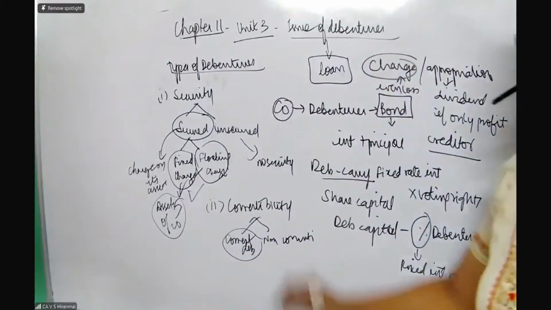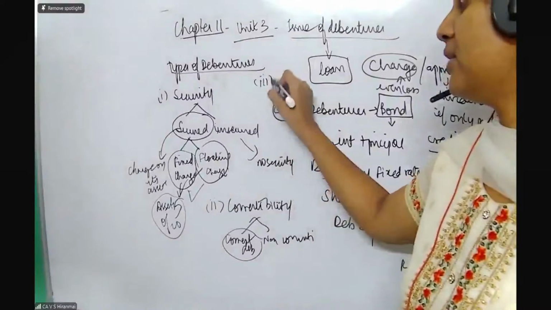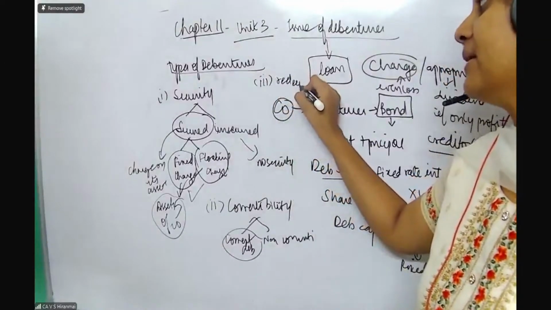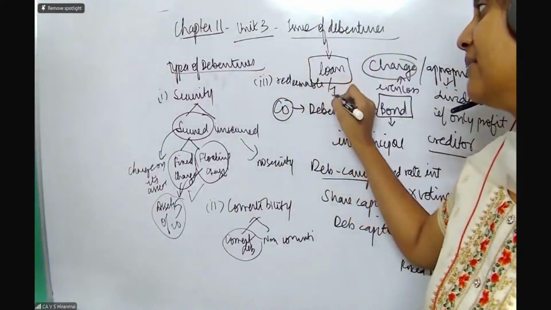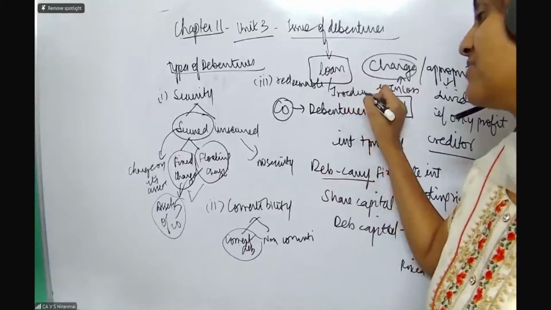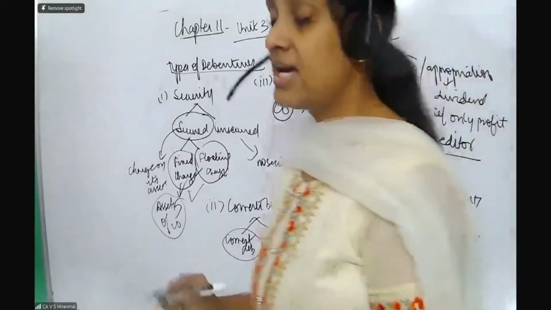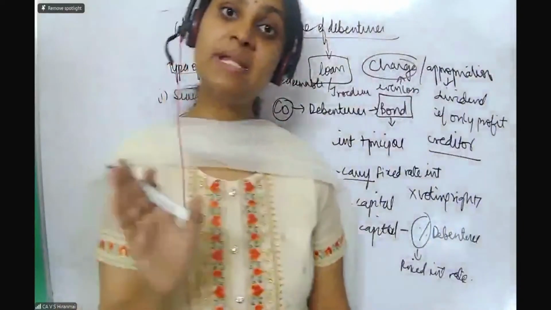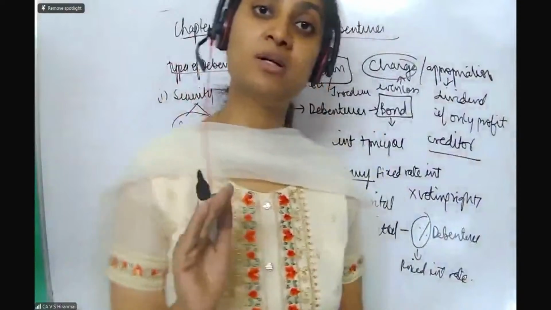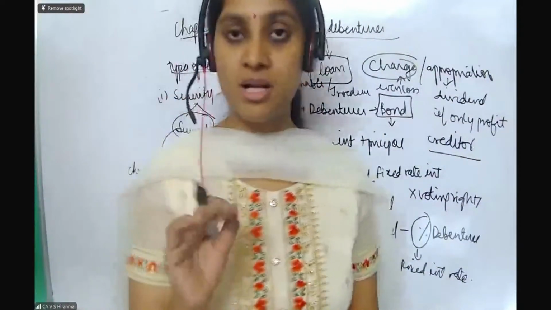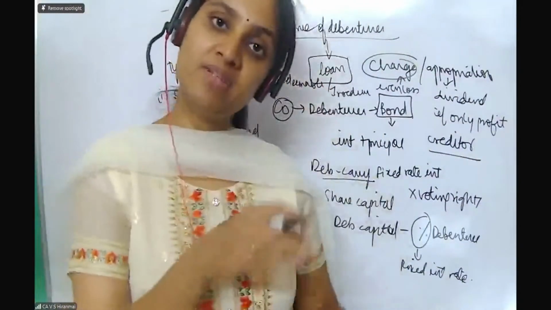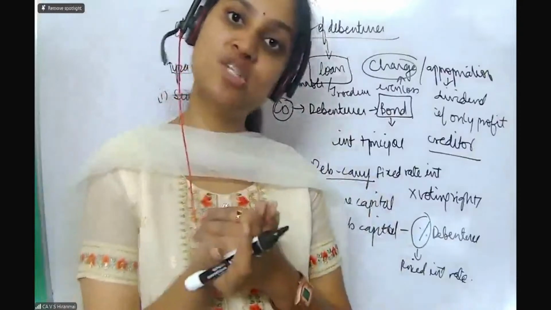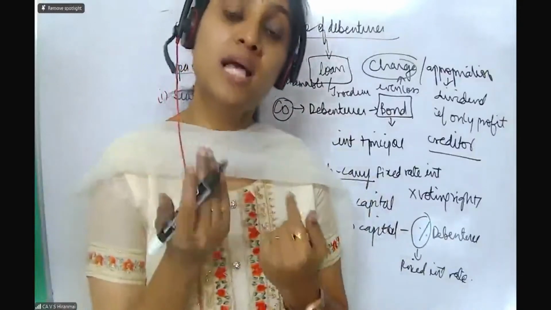Okay. Then from the point of view of repayment, you can have redeemable debentures and irredeemable debentures. This is what we have seen even in the case of preference shares. Those debentures which will not be repaid during the lifetime of that particular business are called irredeemable, and those which will be repaid within the time are redeemable. When I'm issuing the debentures itself, I will talk about the repayment terms.